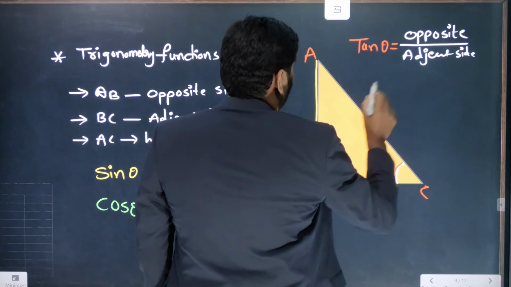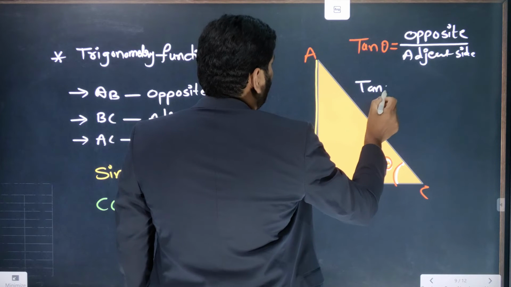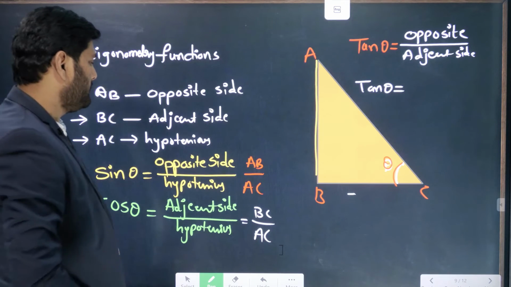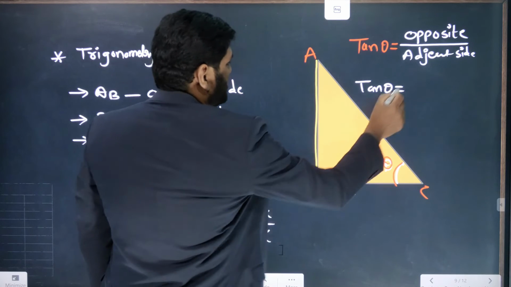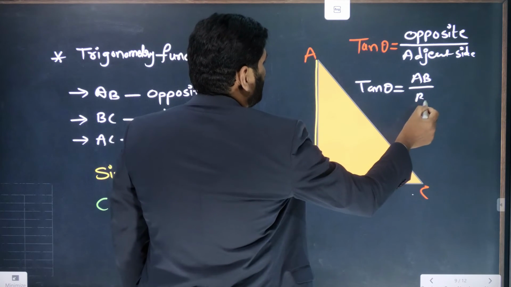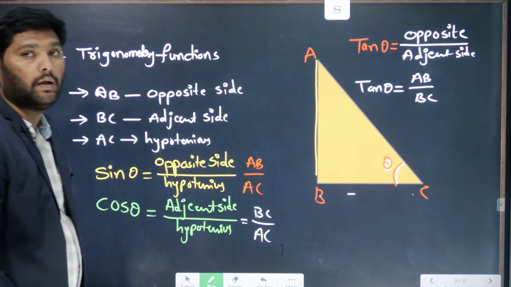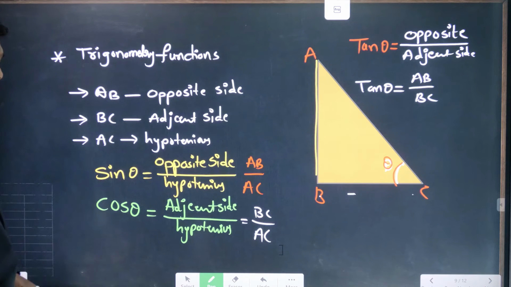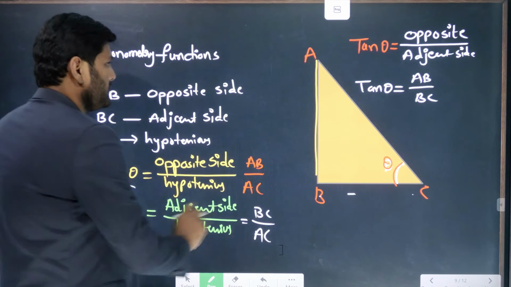Simply this is your formula. So finally tan theta I can write as: opposite is AB, adjacent side is BC. This is how we can write the formulas for the trigonometric functions.